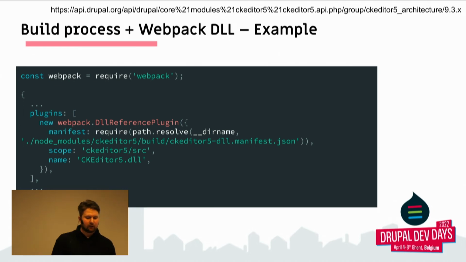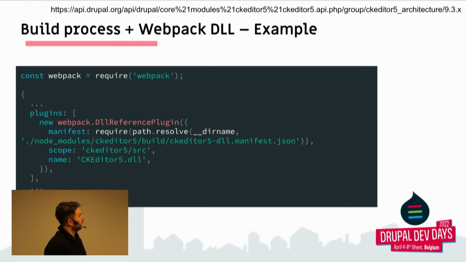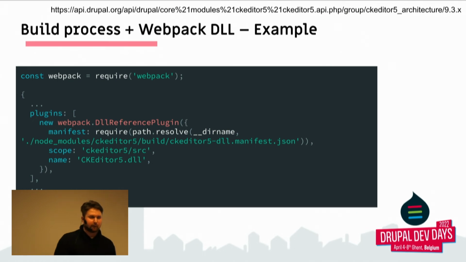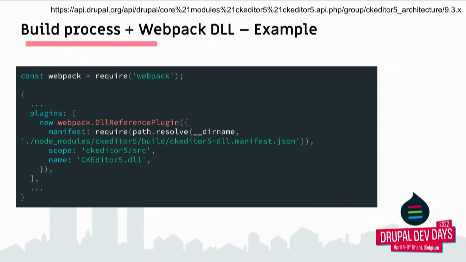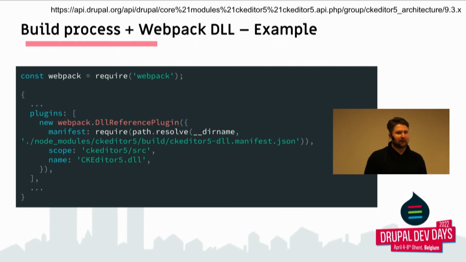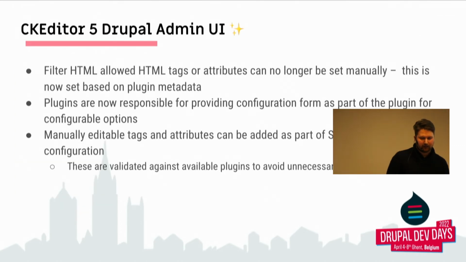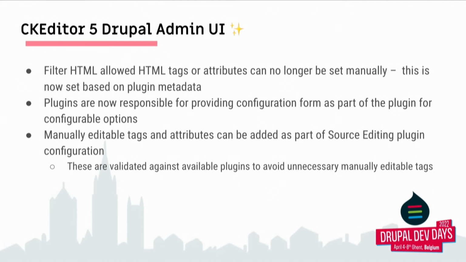You have to tell it to use DLL reference plugin, and you have to tell it that the manifest file is the manifest file that CKEditor 5 provides as part of their build. Just copy and paste this, and it will work for you if you have the CKEditor 5 plugin defined as a dependency of your plugin. So it's kind of magic. I don't think you have to understand in detail how all of this works. It's all good.